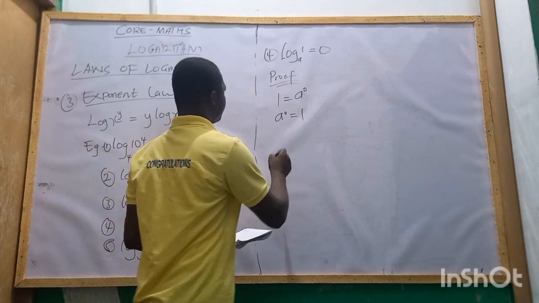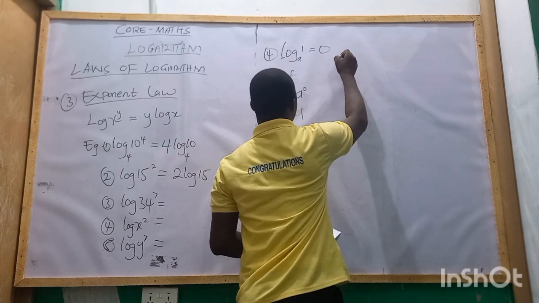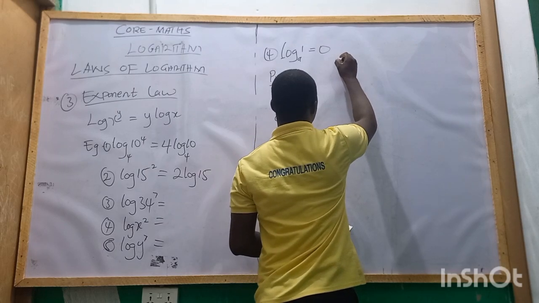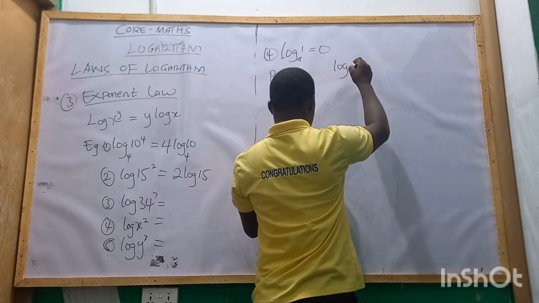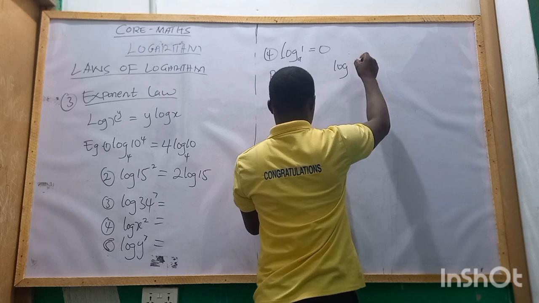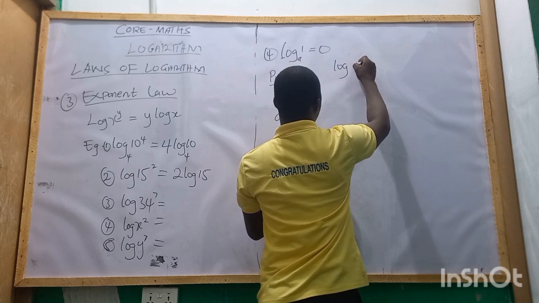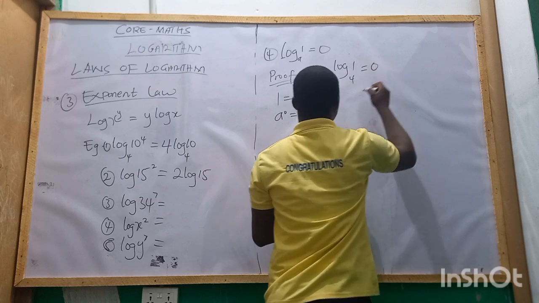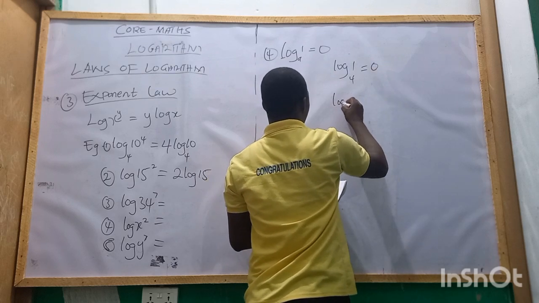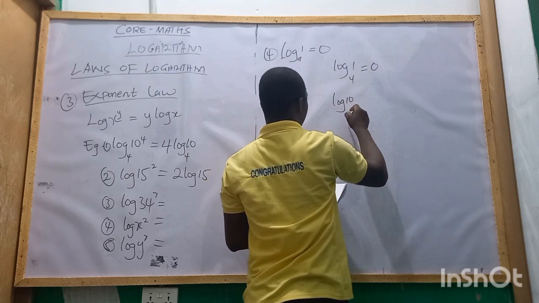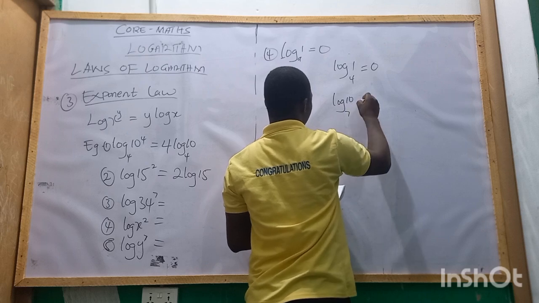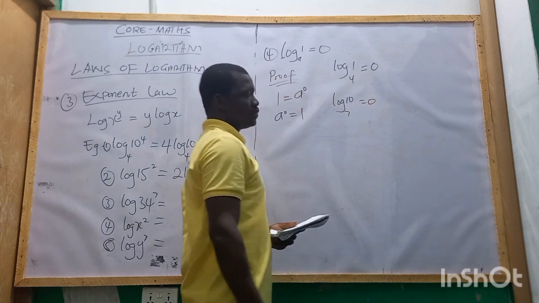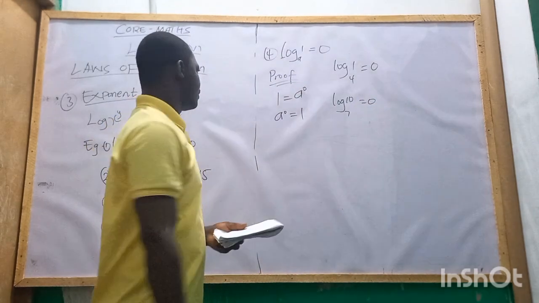So if I have log 1 to the base 4 equal to what? 0.